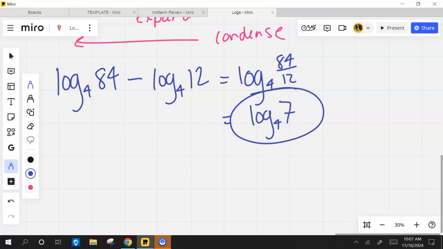If I need to expand, the base here is 10, right? So the question is, if I'm talking about the quotient rule, how can I write 9 as a quotient? In other words, 9 equals what divided by what?